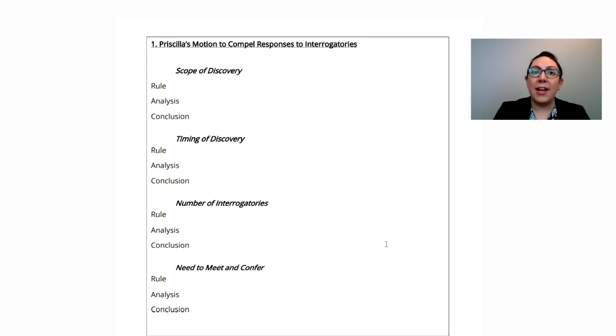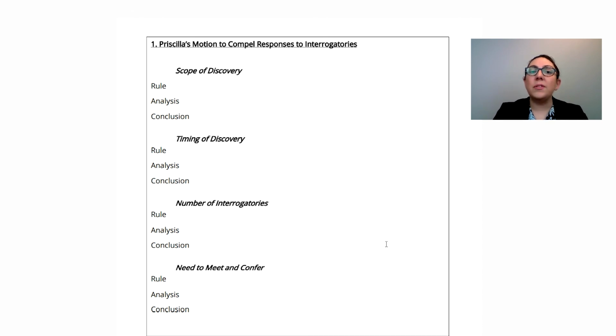And then the really good answers, rather than combining all of that into one giant analysis paragraph, will have a subheading for duty, a subheading for breach, a subheading for actual cause, a subheading for proximate cause, and a subheading for damages, and then additional subheadings for any other miscellaneous negligence issues that need to be discussed there. So by breaking this down and having a mini IRAC for each of these subparts, you're going to make it easier on the grader, and you're going to ensure that you incorporate everything necessary.